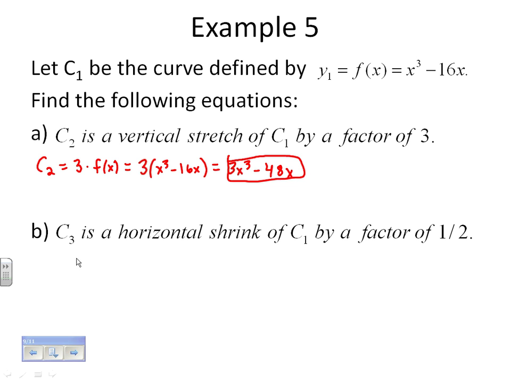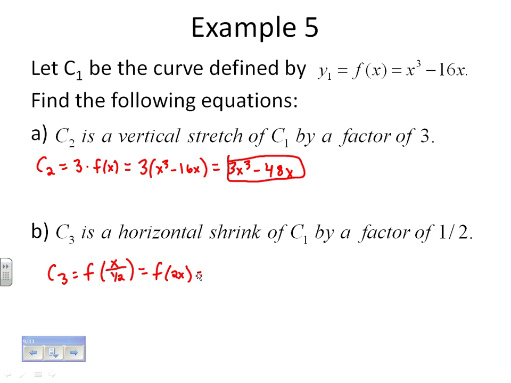For part B, I have a horizontal shrink on C1 by a factor of 1 half. So C3 is my original function where I'm taking x and dividing it by my factor c, which is 1 half. What is that the same as? If I have x over 1 half, I can flip the 1 half up and I'm really doing f of 2x.